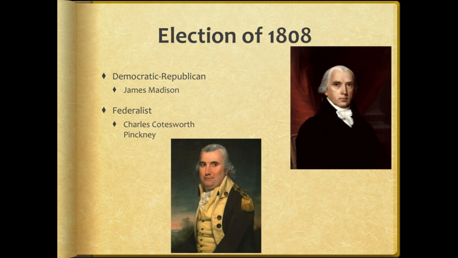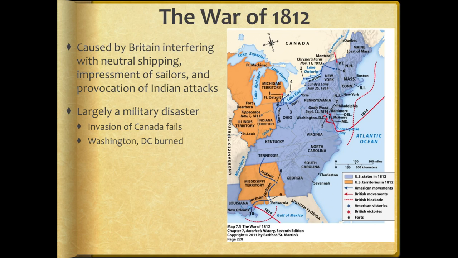We are actually going to go to war. The War of 1812 is largely a military disaster. There's going to be an invasion of Canada that fails. Washington, D.C. winds up being burned down to the ground. The British blockade the coast. The only bright spot is the war on the Great Lakes.